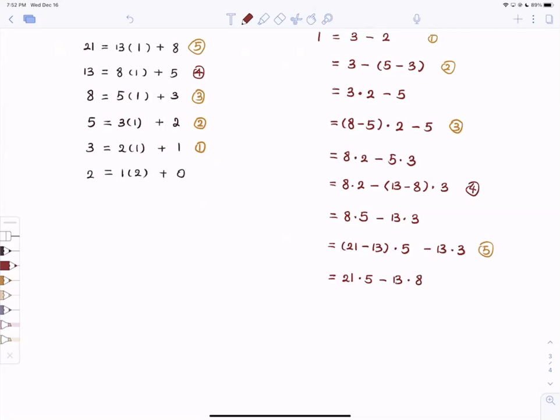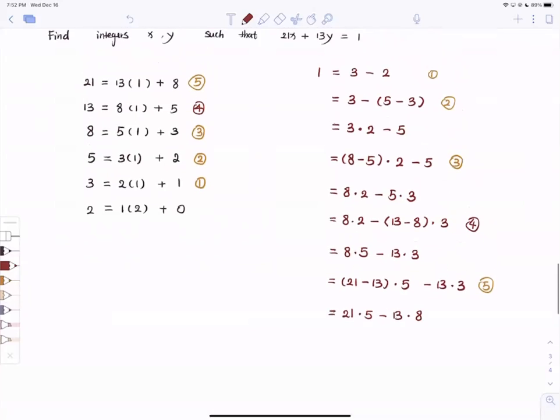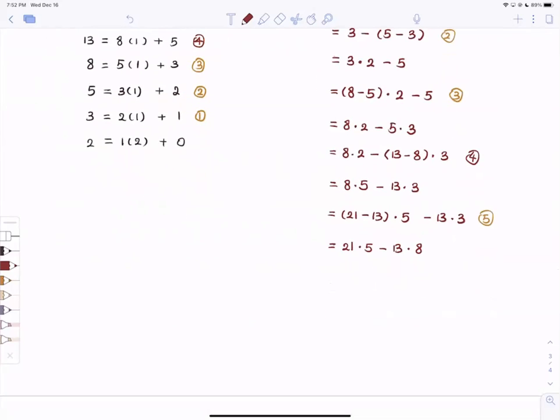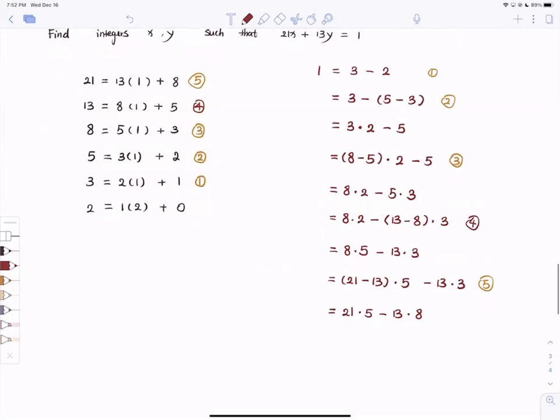And that's your final answer. So eventually, what do you get? You'll get x equals 5 and y equals minus 8. Any question?